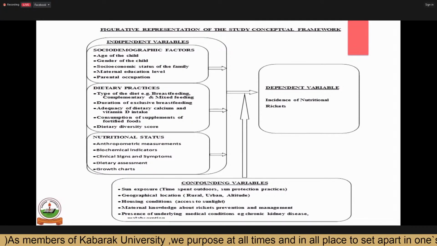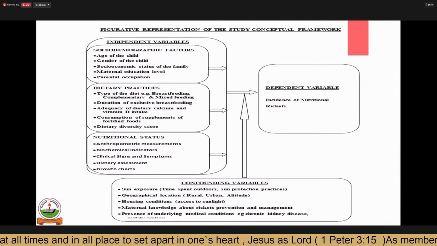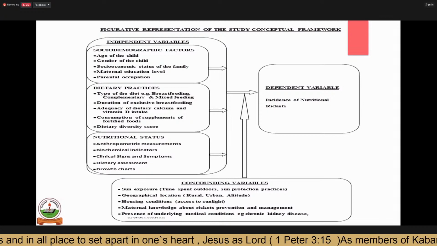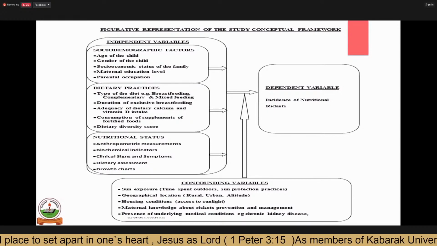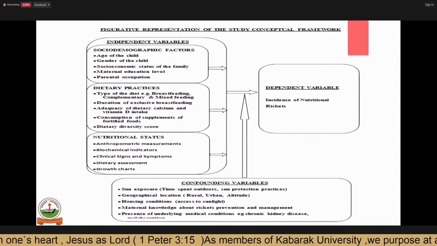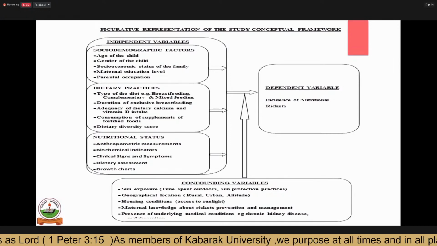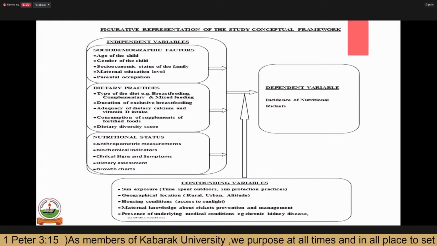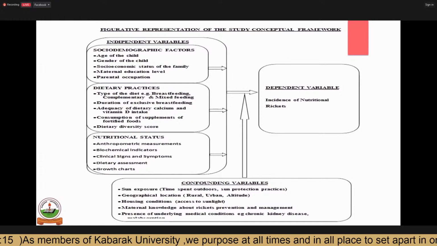The second objective is the dietary practices and patterns, looking at the type of the diet, e.g. breastfeeding, duration of exclusive breastfeeding. Also, it has an impact on nutritional rickets. Adequacy of dietary calcium and vitamin D intake, consumption of supplements or fortified foods, dietary diversity support.